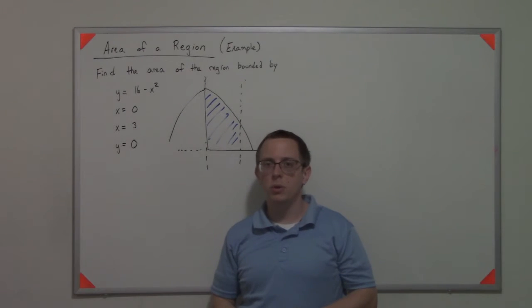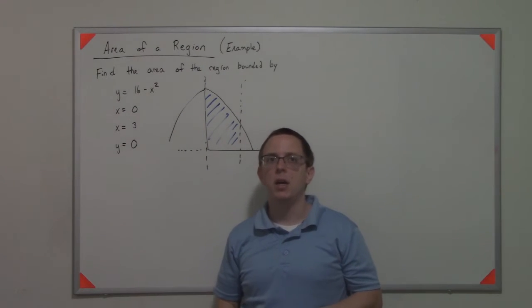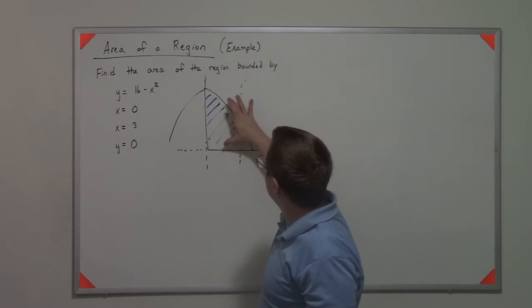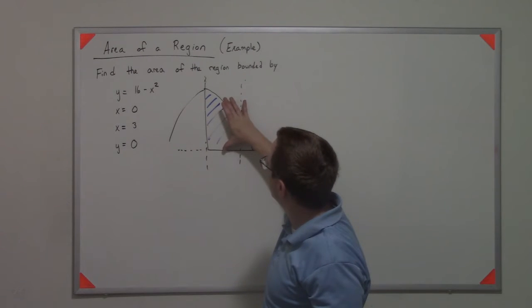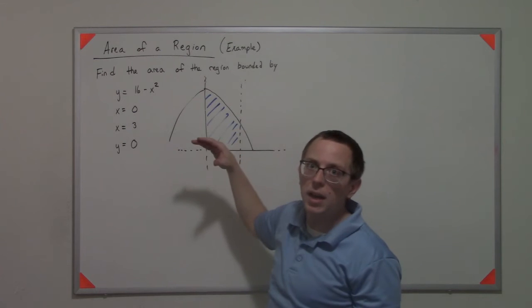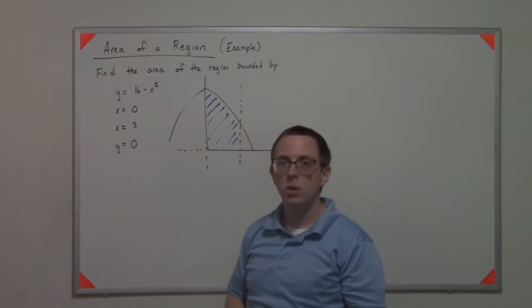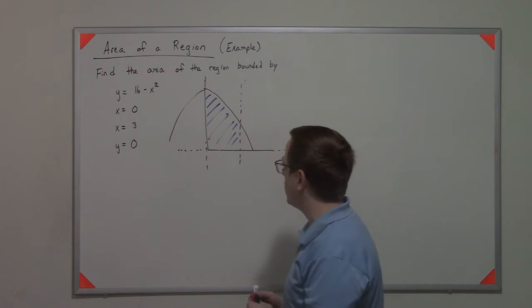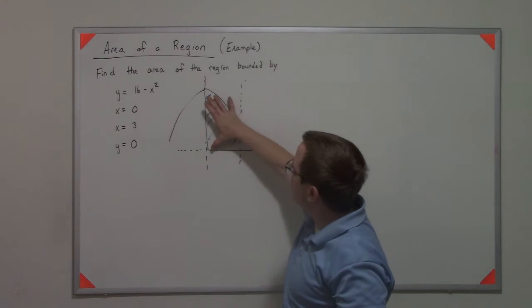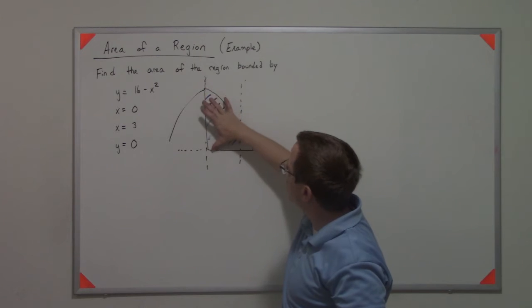Well, if that's true, then what we do is we say, all right, the height at any given point is this curve minus 0. So that tells me the integral I'm going to set up, the height at any given point is this height minus 0.